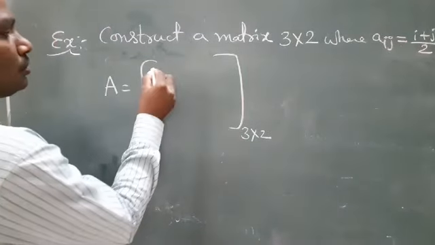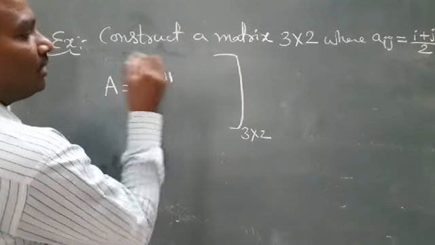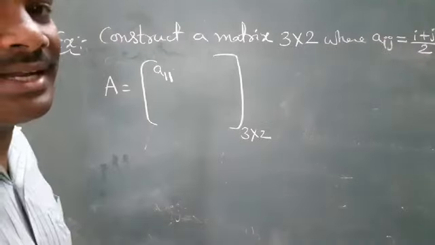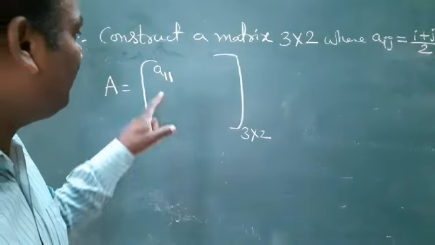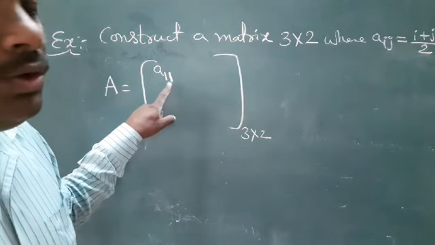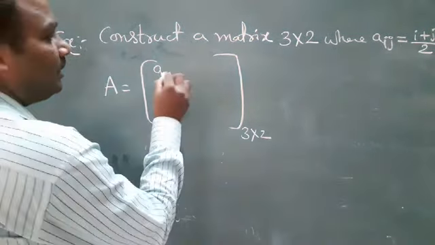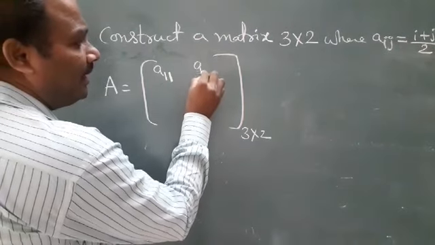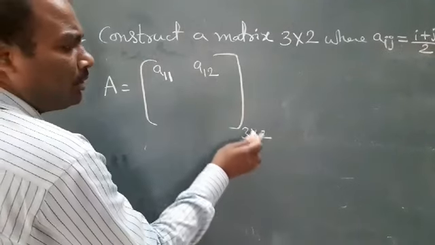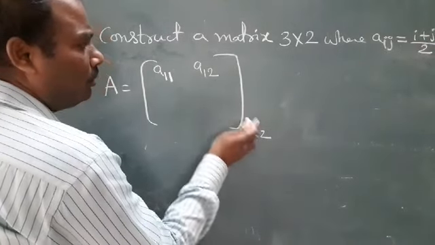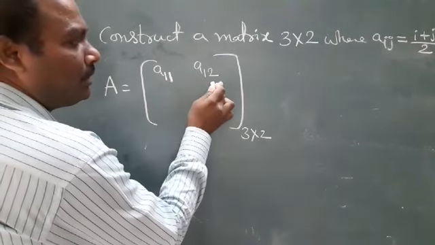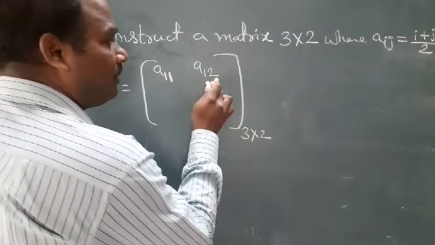3 rows. So a11 is an element of matrix A. It indicates first row, first column. a12 is first row, second column. How many columns are there? 2 columns. So a11 is first row, first element. a12 is first row, second column.